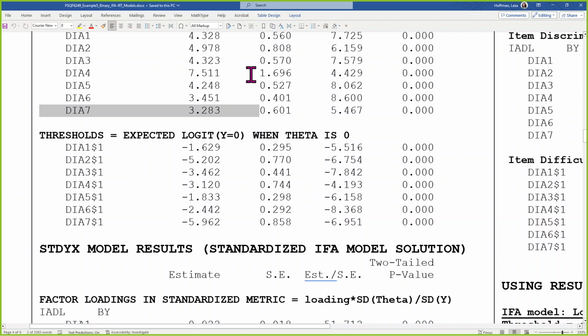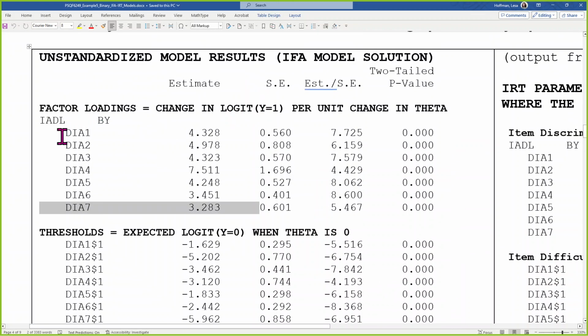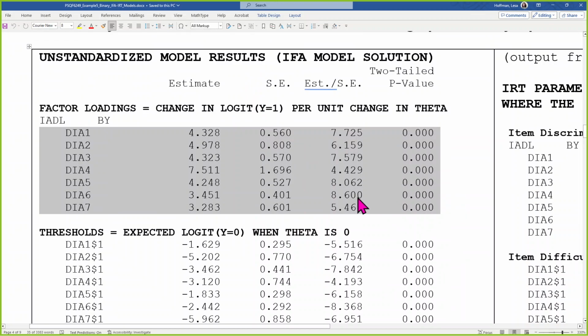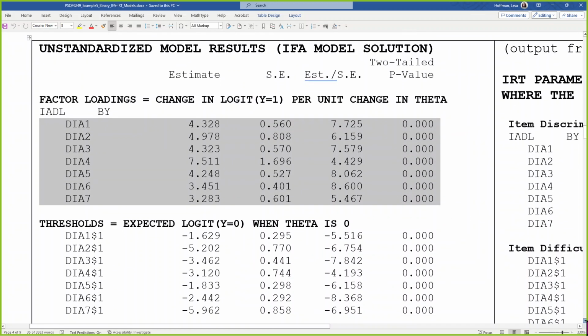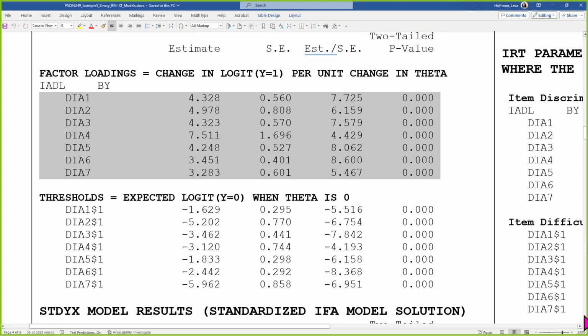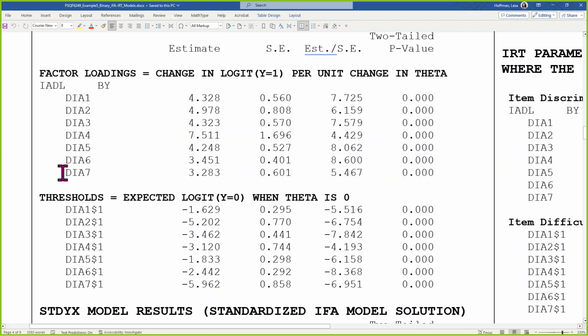Yes, Charlotte, good for you from Zoom. If we look at the range of these things, item 7 looks kind of like a bum item, doesn't it? Relatively. These are all on the same scale because they're all in logits predicting binary items. Does that mean that I might want to consider dumping it?